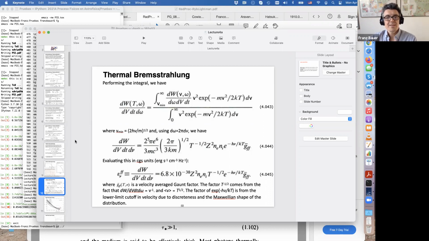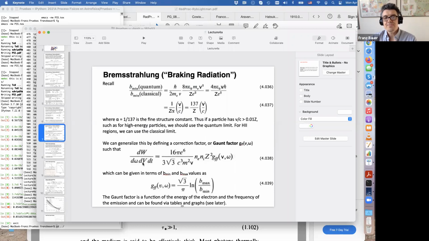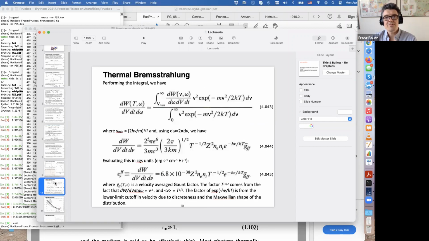So we take this probability distribution and we multiply it by the individual amount here, right? And then we want to sum over all those states, or integrate over all of that. And of course, we normalize it by this factor here. So this we do from this minimum velocity here to infinity.